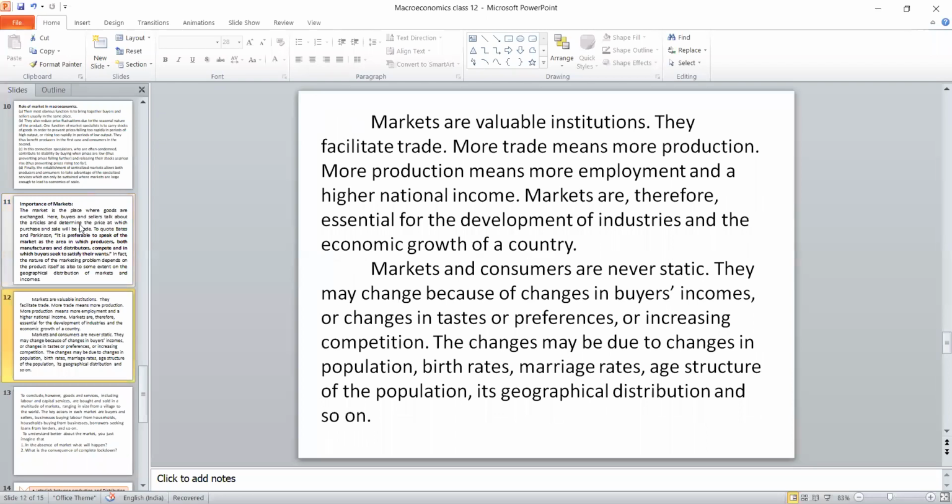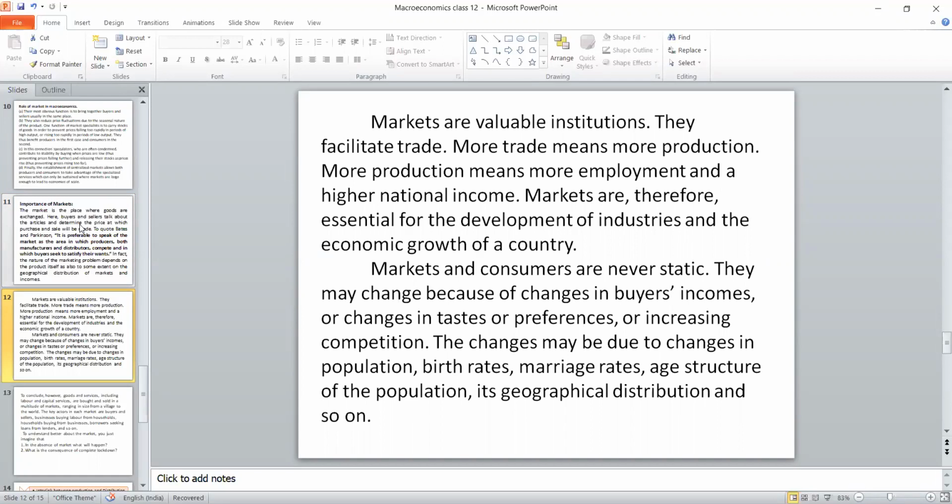In order to make this particular concept very clear, the market is considered to be a backbone of the economy. Why? Because it is a place where the trade will take place. More the trade, definitely we have to produce more goods and services. When you produce more goods and services, automatically it will generate more employment opportunities.